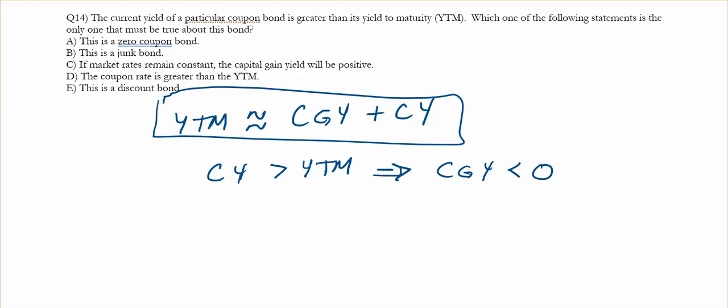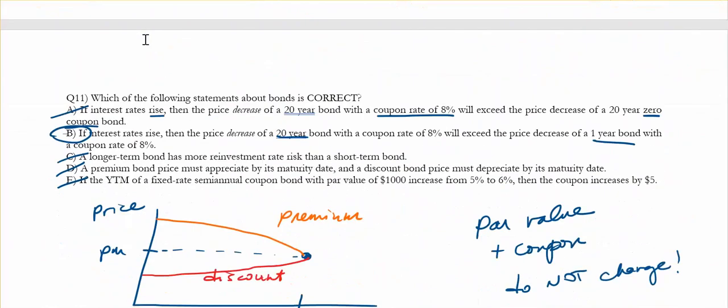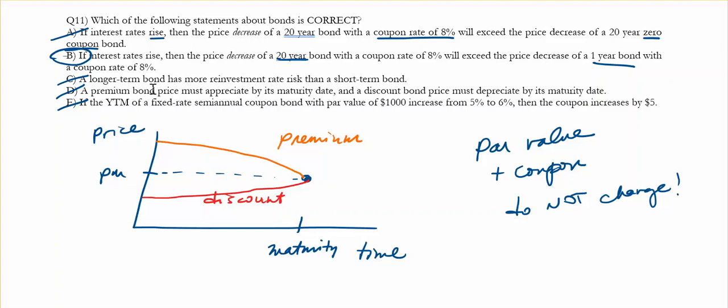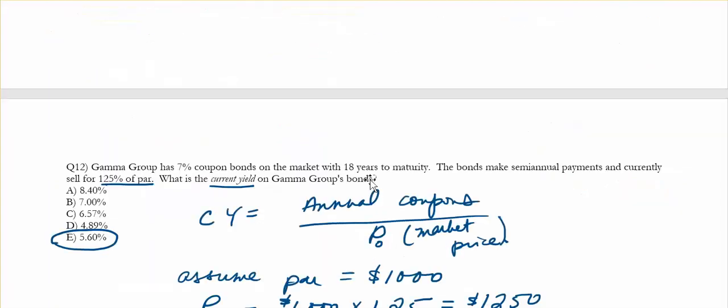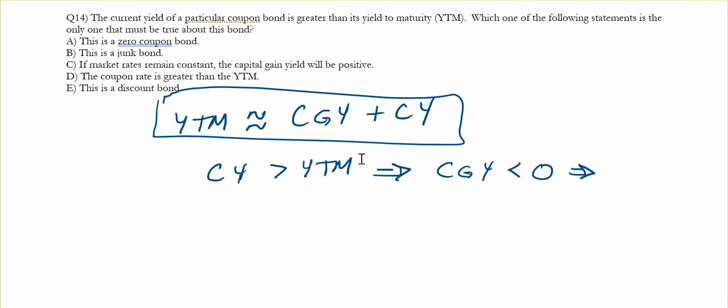And if the capital gain yield is negative, this implies, if you recall our discussion from previous problems and summarized here when I talked about question 11, we see that bonds that are depreciating in value, even though yield to maturity stays the same, have to be premium bonds. The opposite would be true for discount bonds. So we know that this is a premium bond.